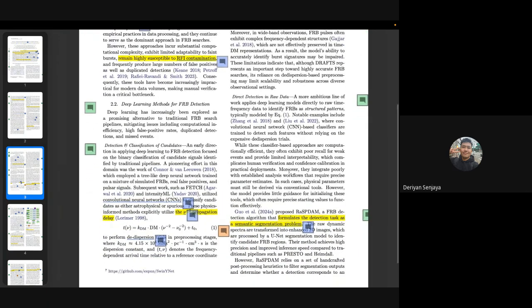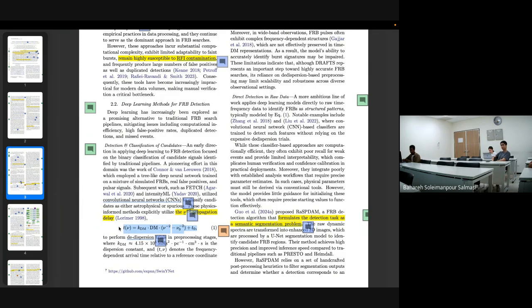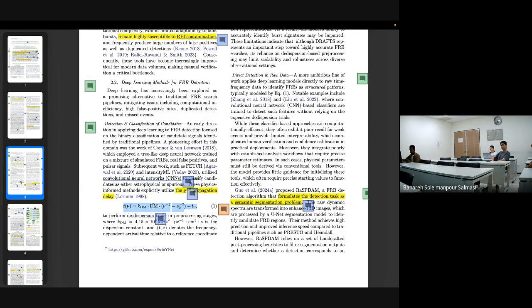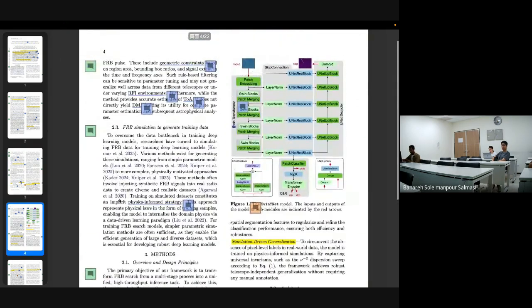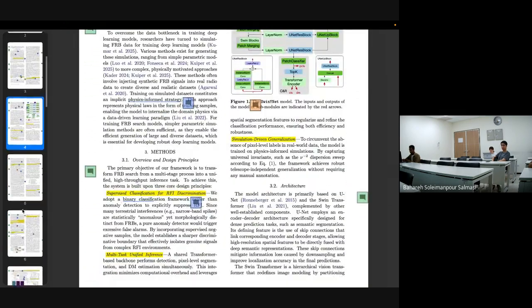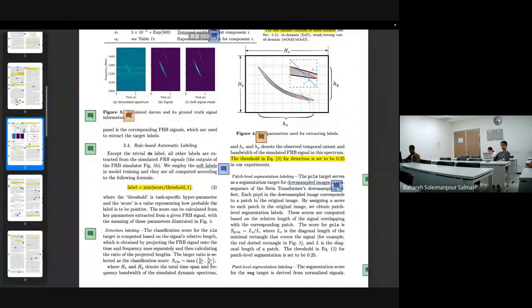No. Equation 1, I think, is about what I mentioned about the post-processing of fitting for the dispersion measure. Equation 1 is the fitting equation, how to do the fitting. Okay. Yes, and it is mentioned.